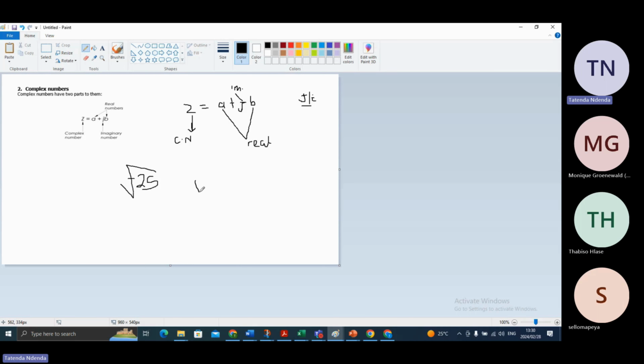So if we're having root of negative 25, what we're going to do with this one is say root of negative 1 multiplied by root of 25, like this. So now we can see that we have separated the negatives from the root. So we now have a perfect square, root of 25. So we know that root of 25 is basically 5, right? This side.